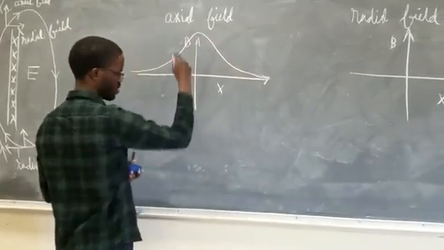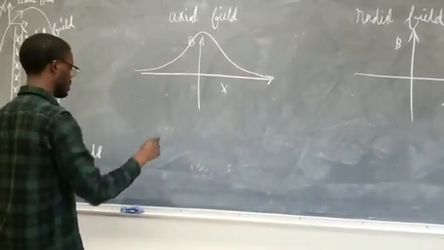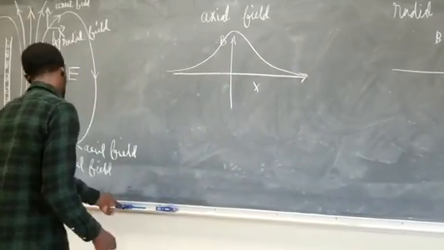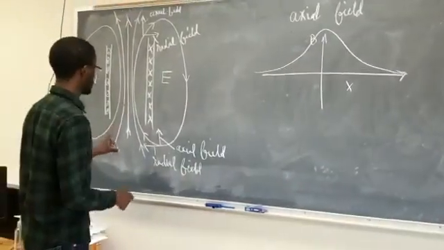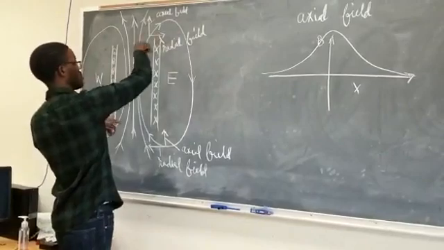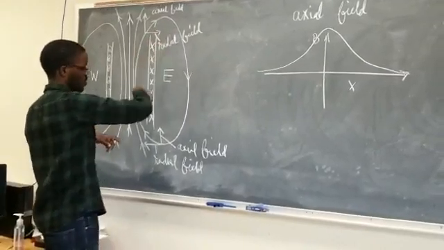Symmetrical, they're not supposed to be symmetrical, not zero. But what's important is just that you have a single hump. Now why is that? Let's take this field line vector over here.